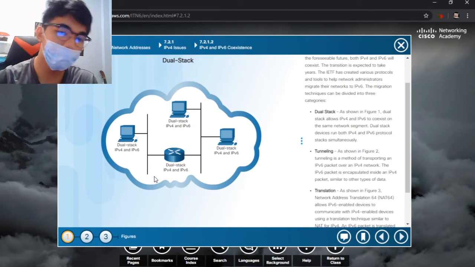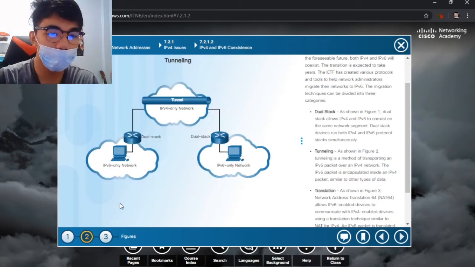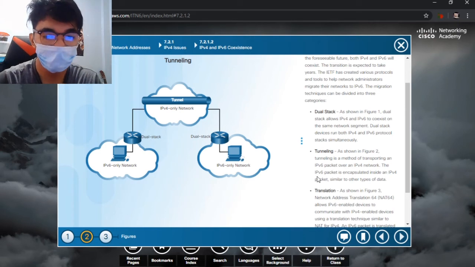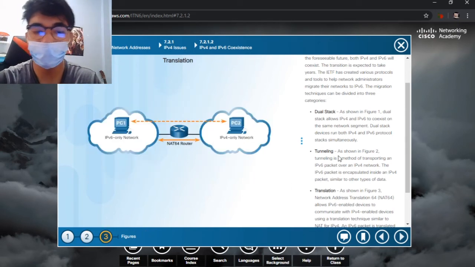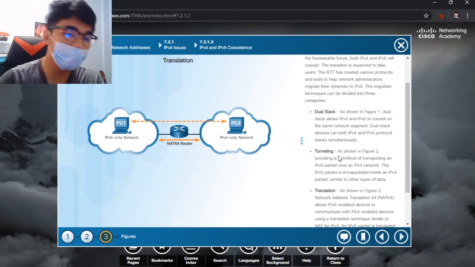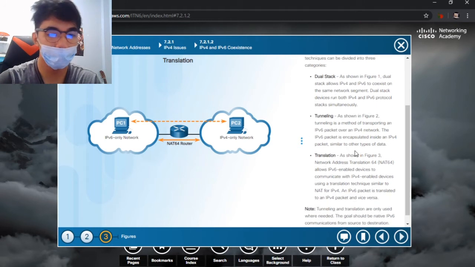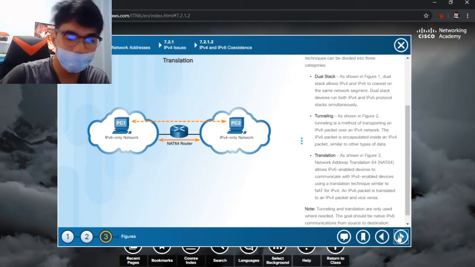Tunneling is a method of transporting an IPv4 or IPv6 packet over an IPv4 network. Translation uses NAT, or network address translation, to allow IPv6-enabled devices to communicate with each other.